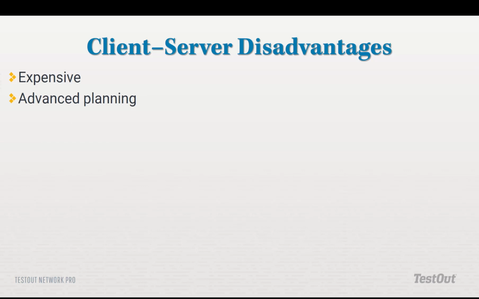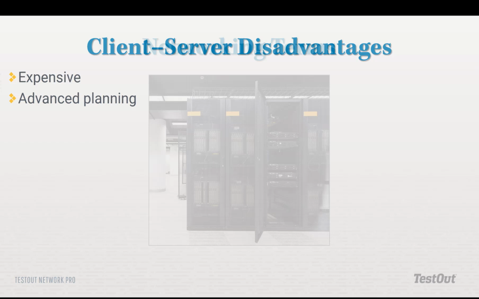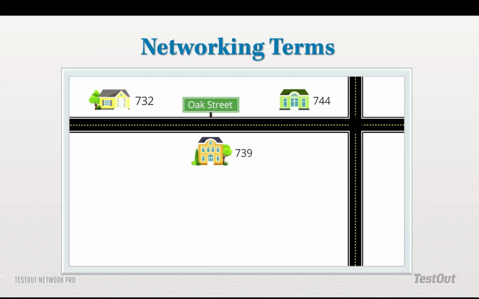And you just can't go in there and turn on the computer, type in next, and have your network set up. So again, an individual network is just like a map of Miami or any other city. You know that you have these addresses here, 732, 739, and 744. And the way you determine them is 732 Oak Street.